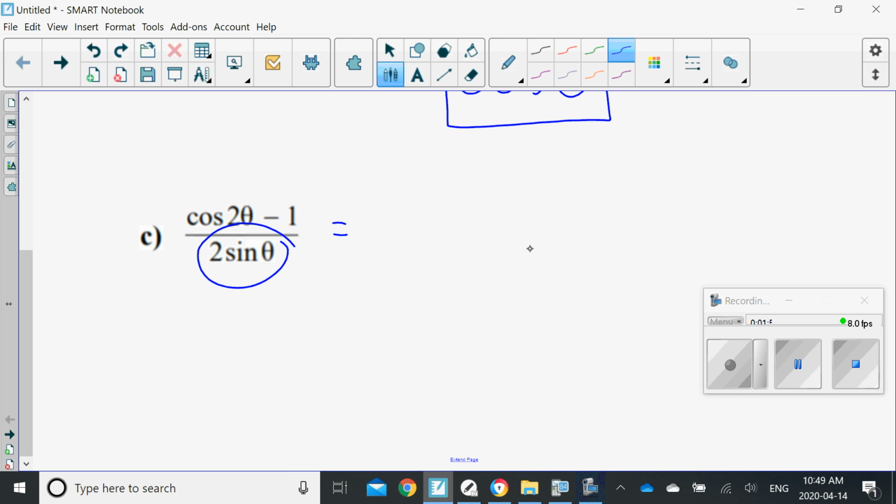So I'm just going to write 2 sine theta, or 2 sine x. Now, I have 3 different options for cos of 2x if you're looking at your identity sheet. But what I want to do is, because I have sine in the denominator, I'm going to take this out and I'm going to choose the identity that has sine.